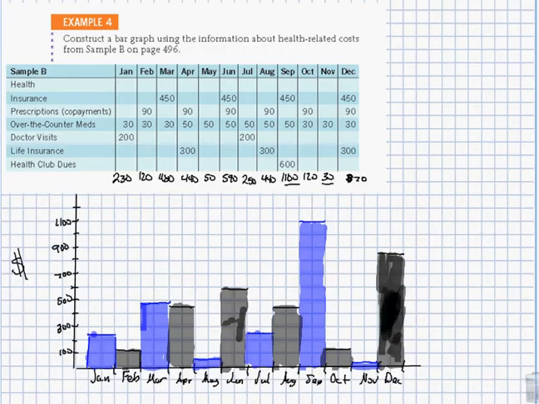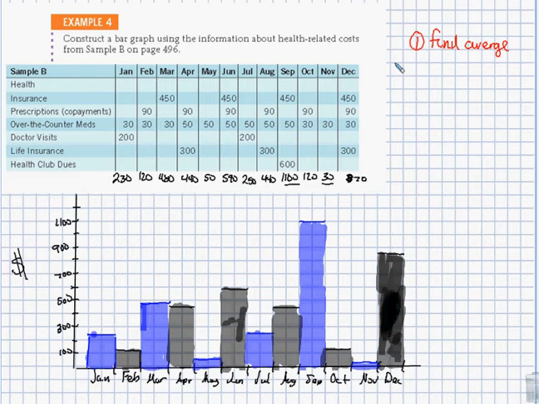What you should do if your budget for health looked like this is take the average. Okay, so we're going to take all of these totals from every month. So 230 plus 120 plus 480 plus 440 plus 50 plus 590 plus 250 plus 440 plus 1100 plus 120 plus 30 plus 870.